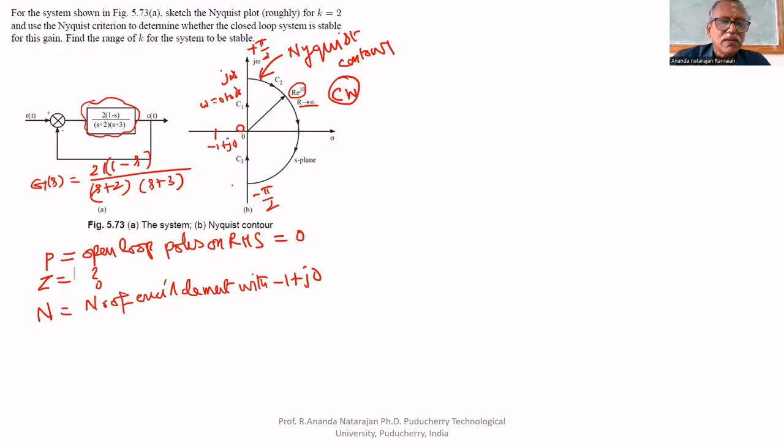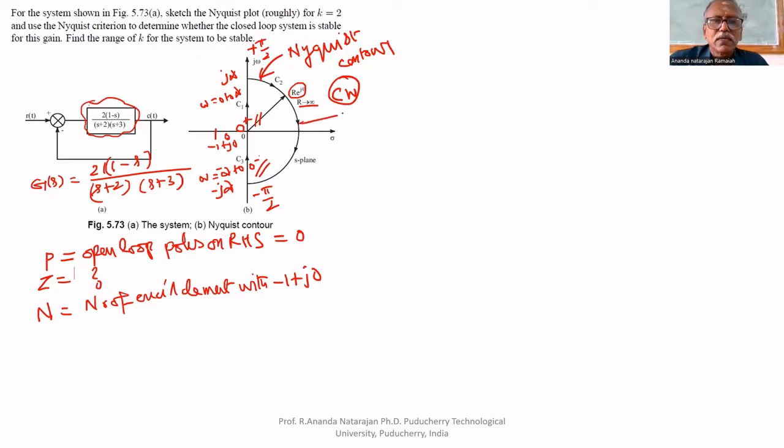The third segment is minus j infinity to 0, that is omega varies from minus infinity to 0 minus. 0 plus means towards the positive side, and 0 minus means towards the negative side. That is the meaning.